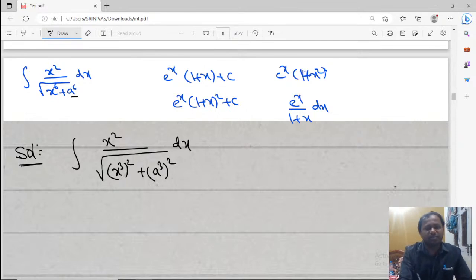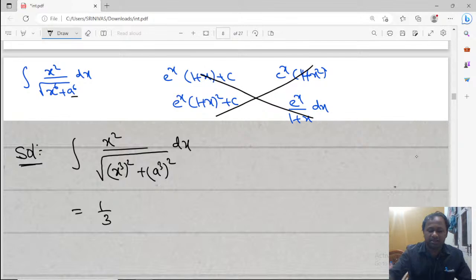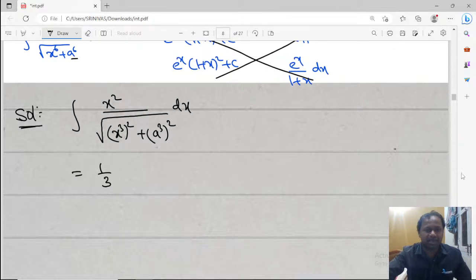Now I will multiply and divide with 3. So 1 by 3. I think the options were different, so don't look at these ones because the options were wrongly given. So I will do the problem directly. I will multiply and divide with 3.